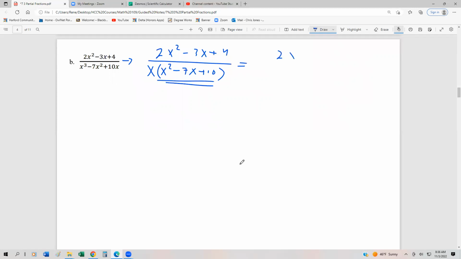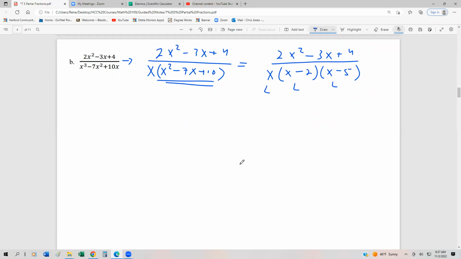So I get (2x squared minus 3x plus 4) divided by x, and this is going to factor into (x minus 2)(x minus 5). And so what we have is, again, distinct linear factors. So this is linear, this is linear, this is linear, for our three factors.